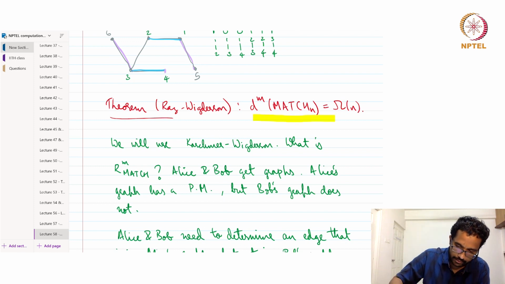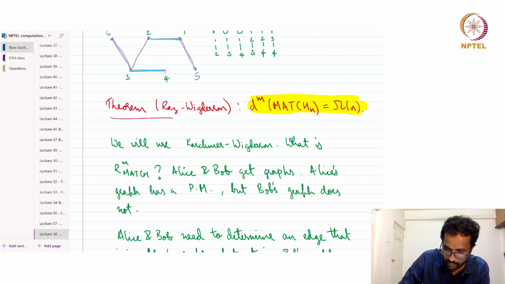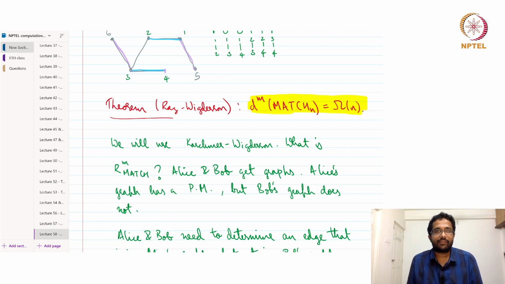The depth complexity of the matching function is at least linear. You have to have a linear depth circuit to compute this. You may recall that we saw an RNC circuit to determine whether a given bipartite graph has a perfect matching. But an RNC circuit has polylog depth.